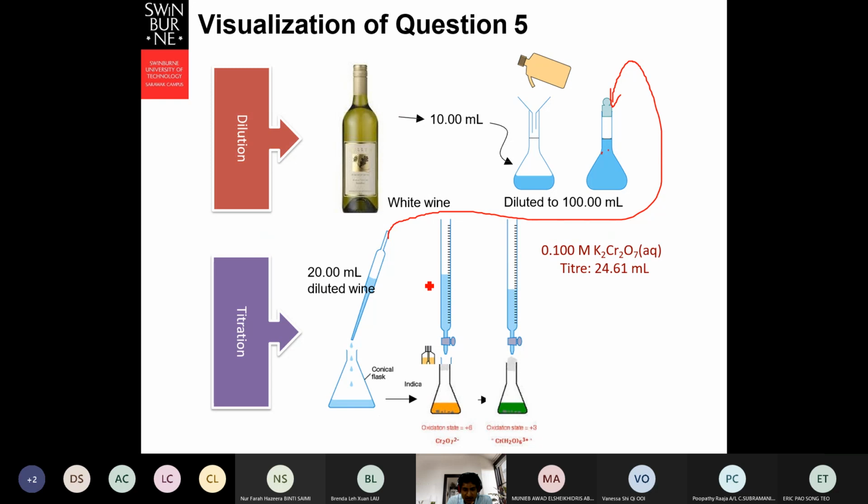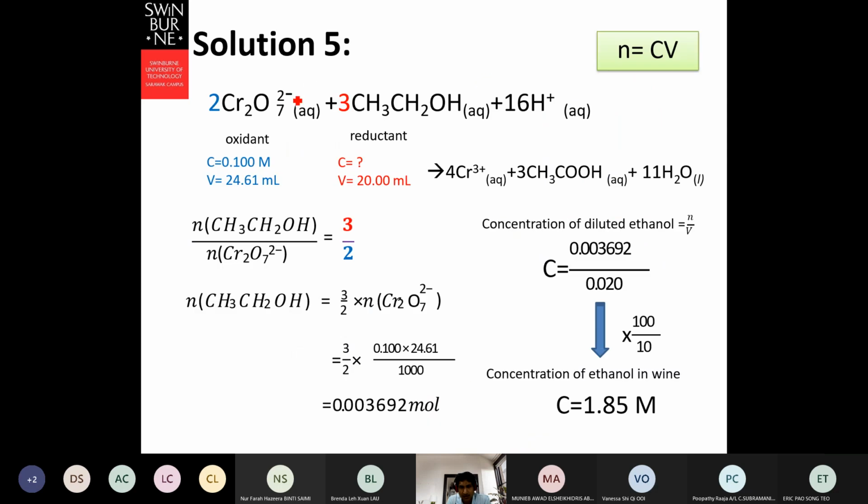It was titrated against potassium dichromate and produces a greenish solution because the oxidation number changes from +6 to +3. To balance the reaction we have 2 potassium dichromate, 3 ethanol, which is producing 2 and 4, but that is not relevant for us. So we know it is a 3:2 reaction, 2 moles of potassium dichromate reacting with 3 moles.